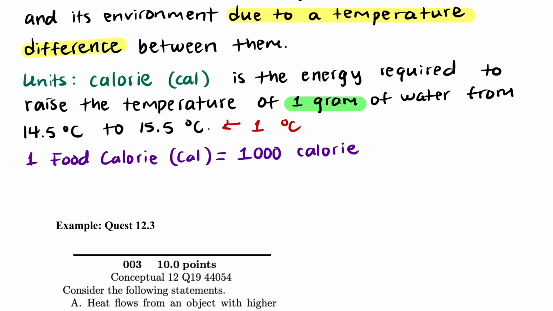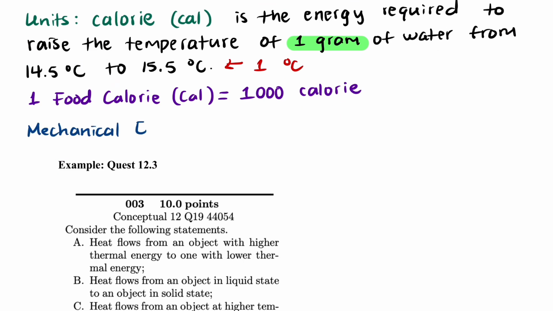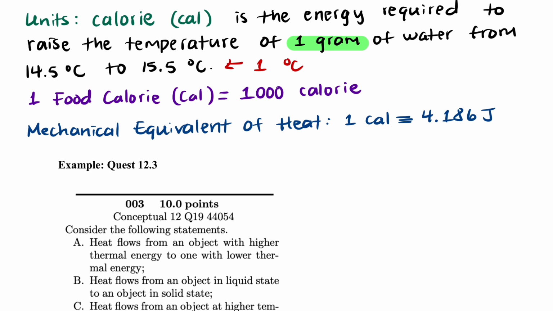And of course, there is, and it has a very technical name. It's the mechanical equivalent of heat. And it says that 1 calorie, lowercase, is equal to 4.186 joules of energy.